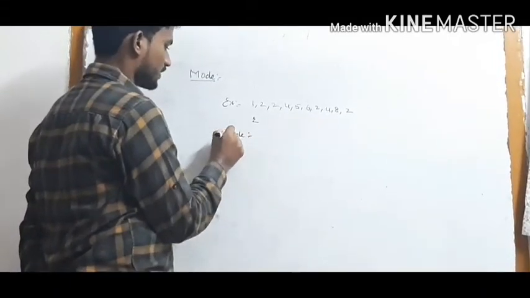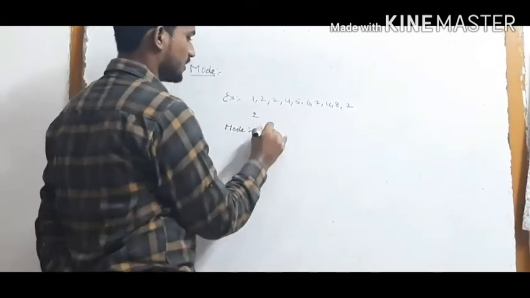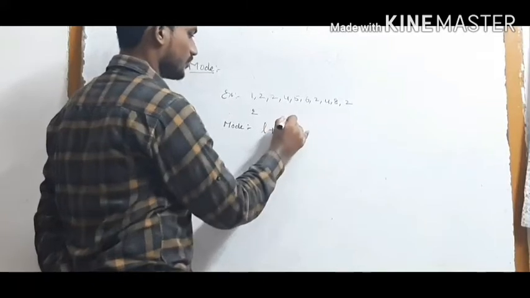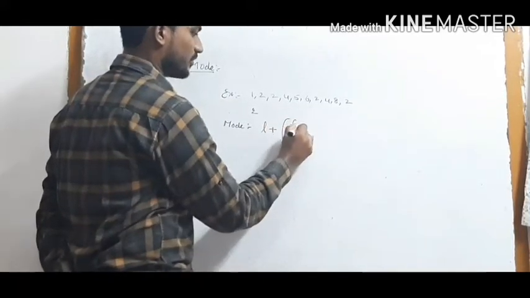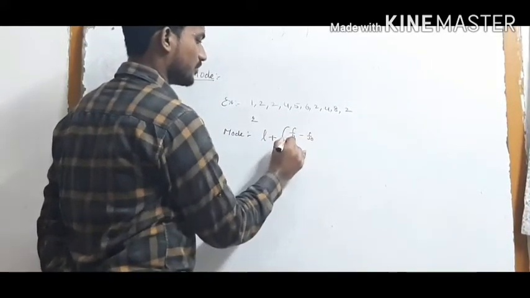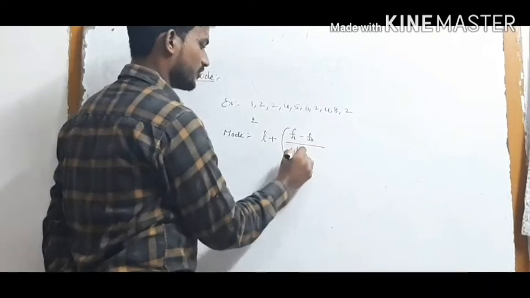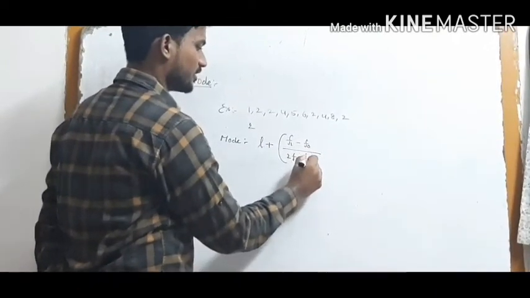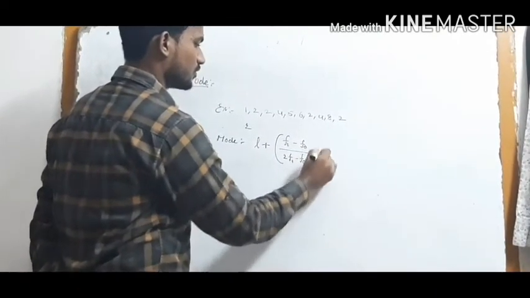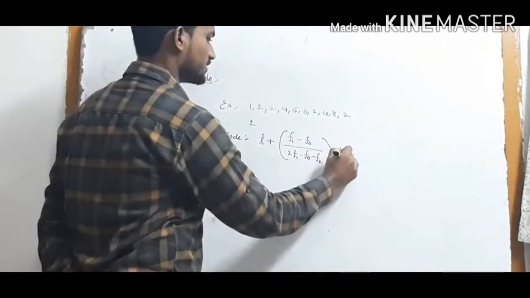So we can write the formula for mode: mode equals L plus f1 minus f0 by 2f1 minus f0 minus f2, into h.